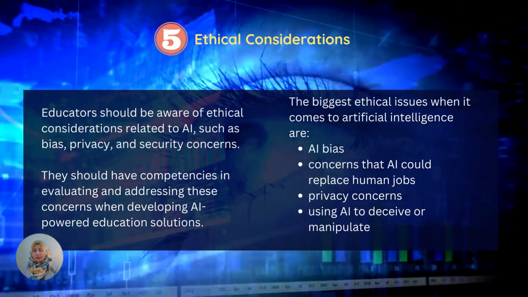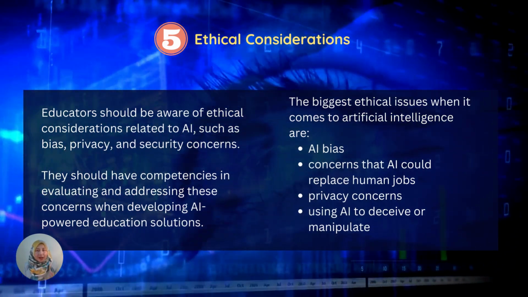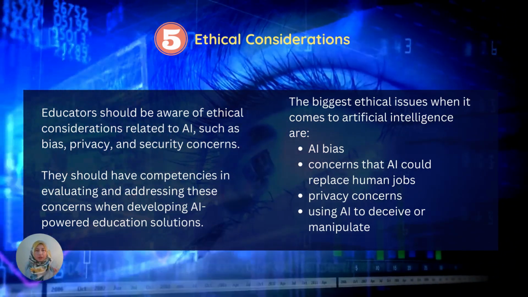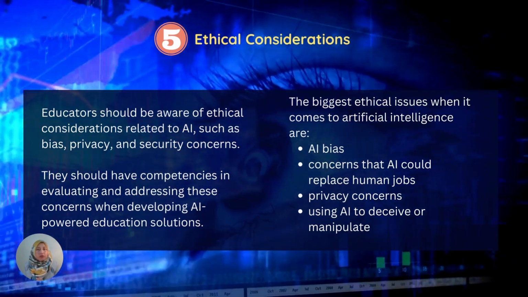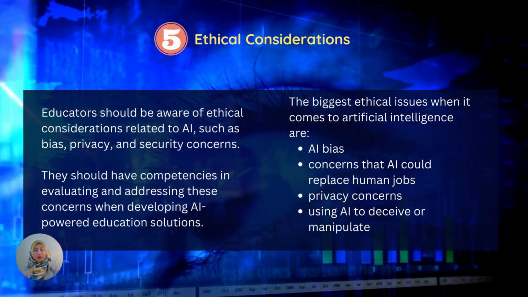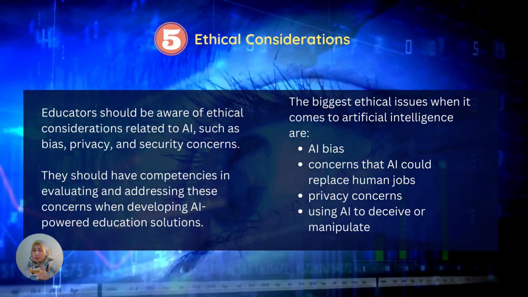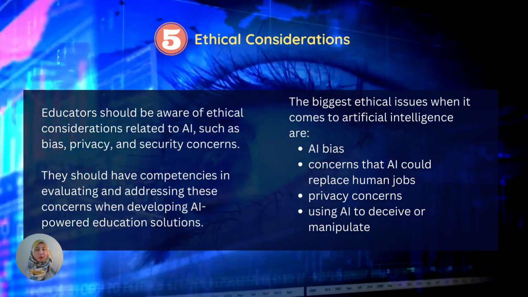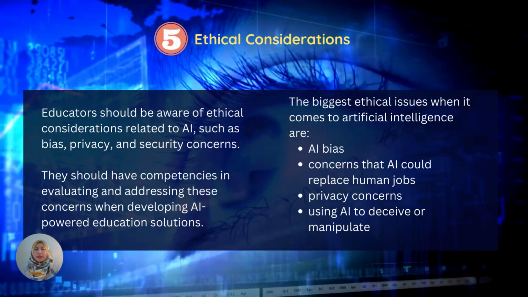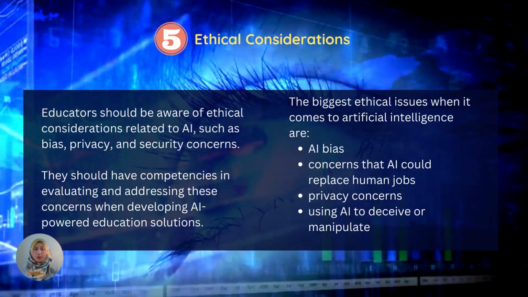In this perspective, one should look at the potential bias in the AI because of the coverage of the data it is trained on, concerns that AI could replace human jobs rather than augmenting human intelligence, the possibility of privacy concerns, as well as the possibility or risk that AI may deceive or manipulate humans as well as the environment.